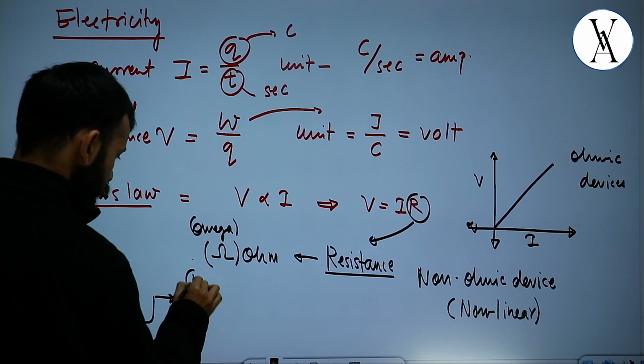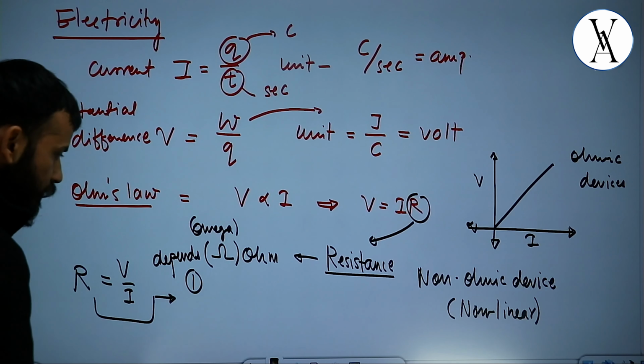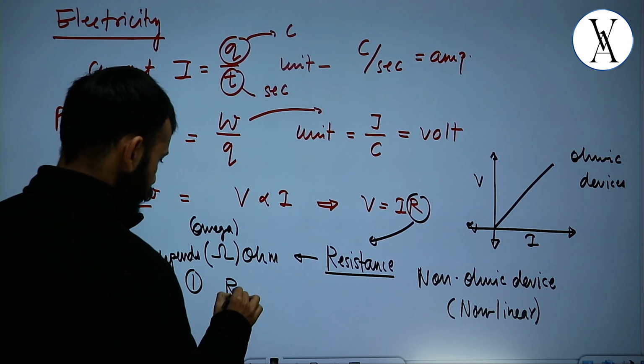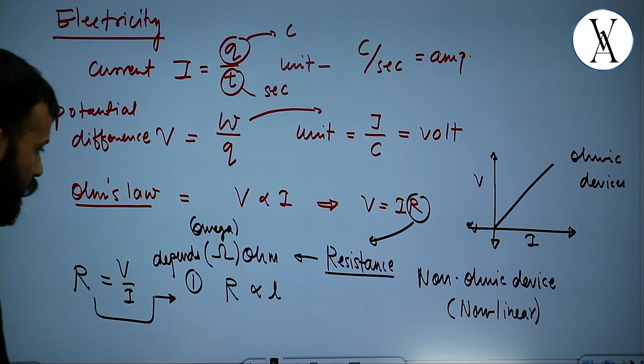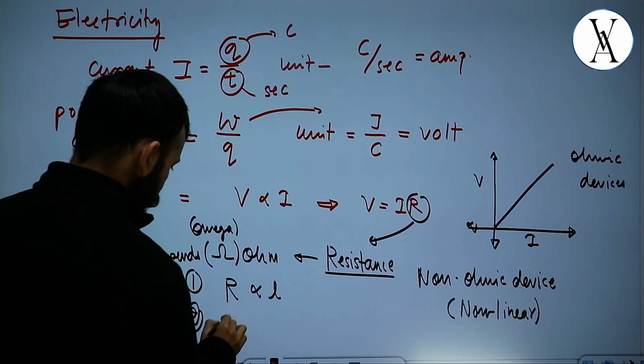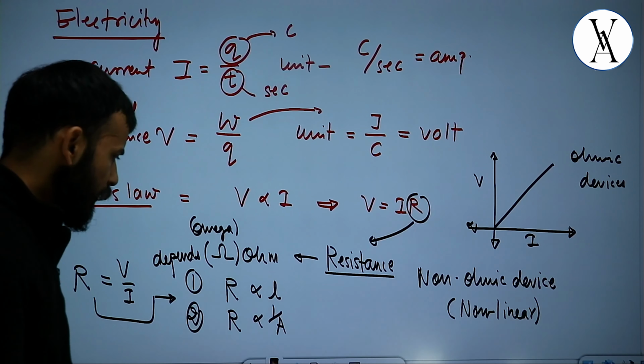The first factor is the length of the conductor. Resistance is directly proportional to the length of the conductor. Second, resistance is inversely proportional to cross-sectional area.